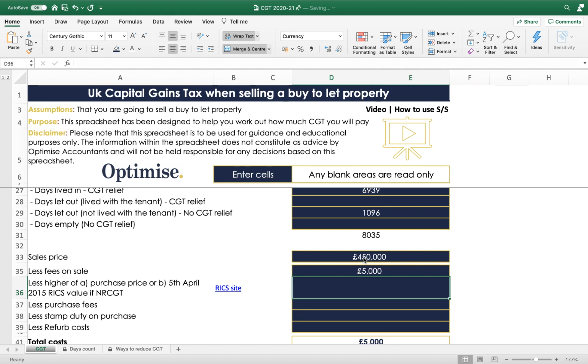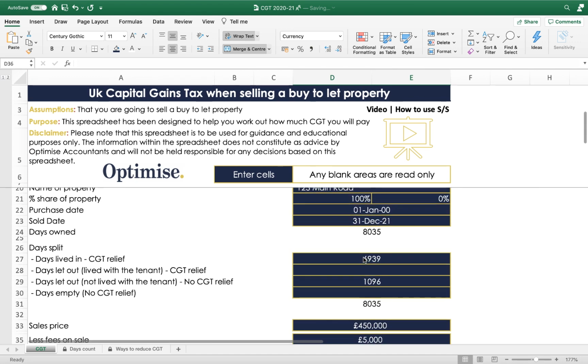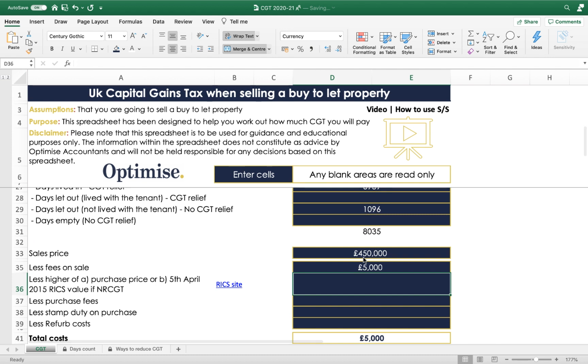Now, this is really important to understand, because if you vacated the UK, you can get an adjusted price. So if you bought a property in the year 2000, as it says here, no doubt that in 2015, the property price would have increased. So if you've left the UK, you could actually use the price on the date of the 5th of April 2015.